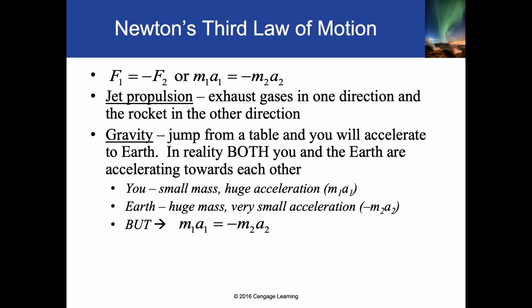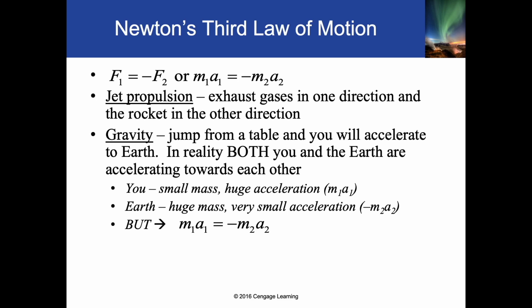This can also be seen in gravity. You jump from a table and you accelerate to the earth, but in reality, both you and the earth are accelerating towards each other. You never really think about it that way, but if you're falling, not only are you falling, the earth is also coming towards you. So it's an equal and opposite reaction. You, a small mass, have a huge acceleration.